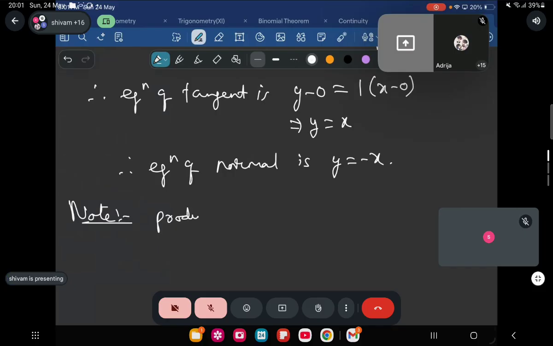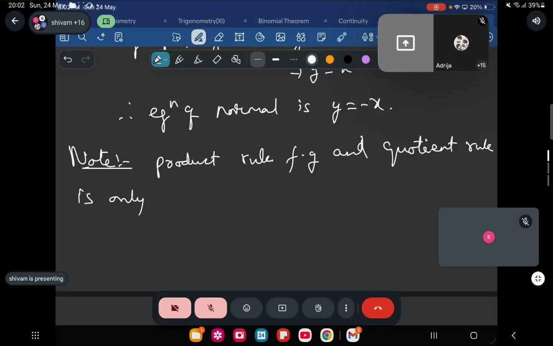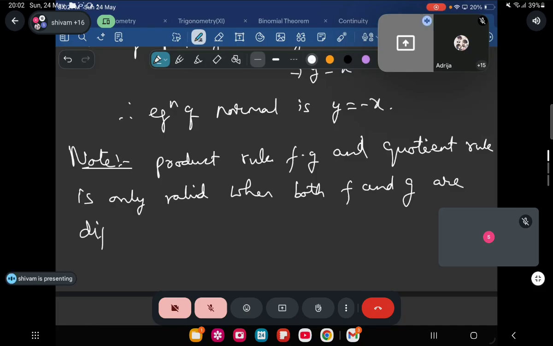Note: the product rule, f into g, and the quotient rule are only valid when both f and g are differentiable functions.